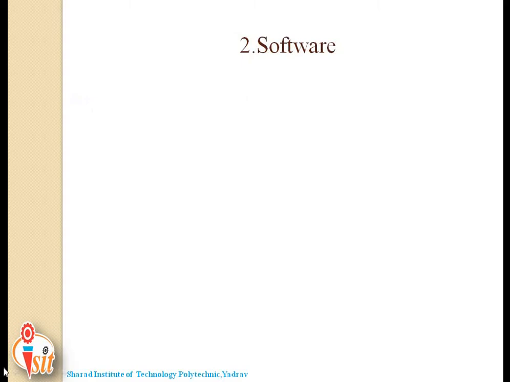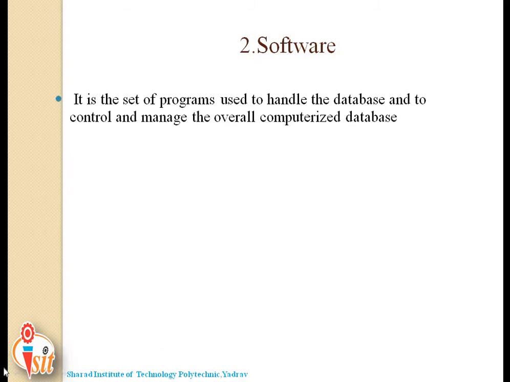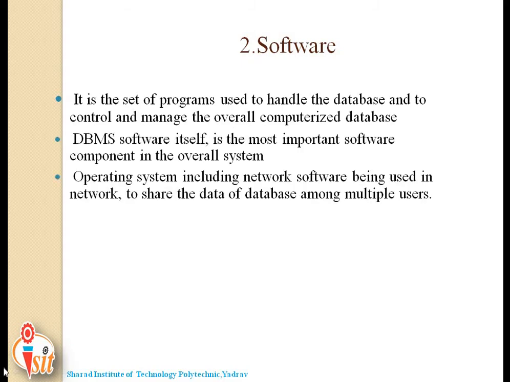The next component is software. You all are aware about the software. The main component of database management system is the software. It is a set of programs which is used to manage the database and to control the overall computerized database.